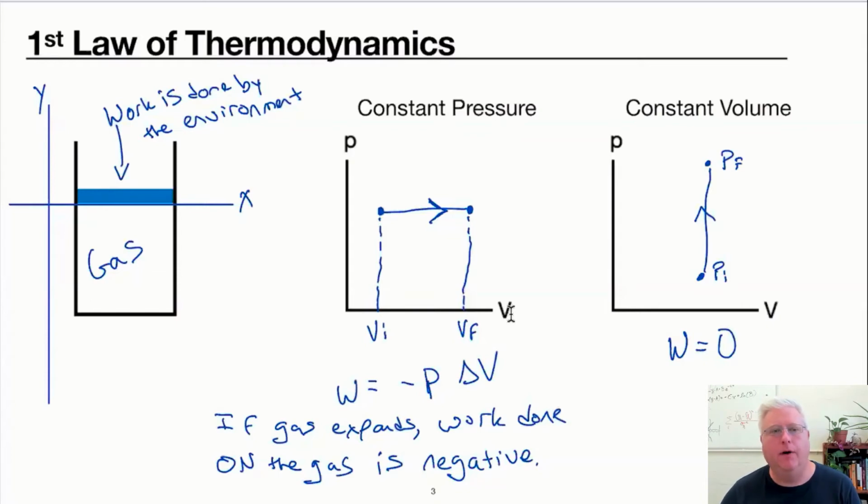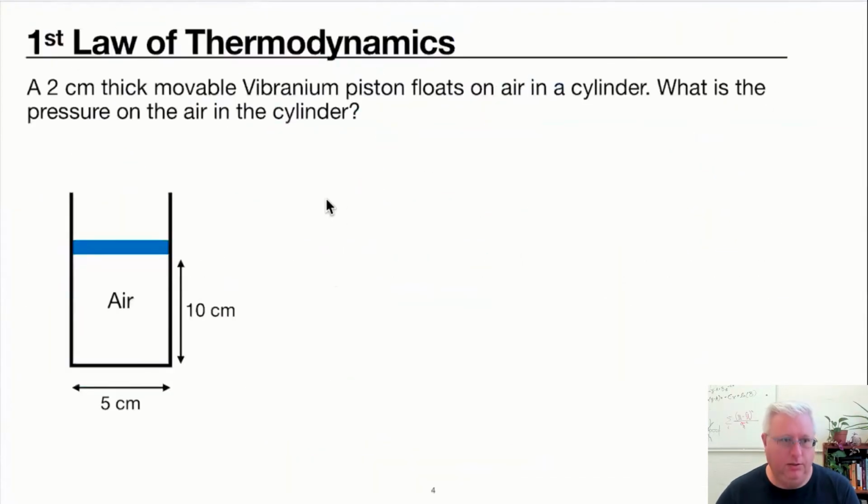But before we move on to that, let's try a couple of examples dealing with a piston, and do some practice with the work done by the environment on the piston. So let's say we have a 2 centimeter thick movable vibranium piston.